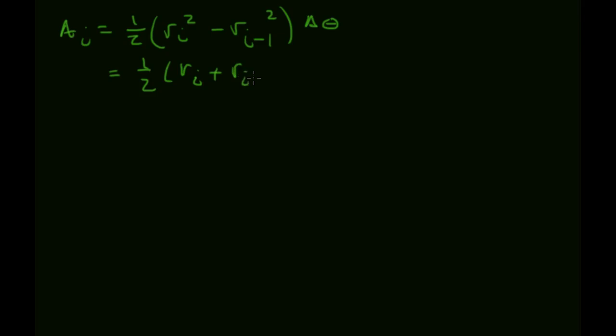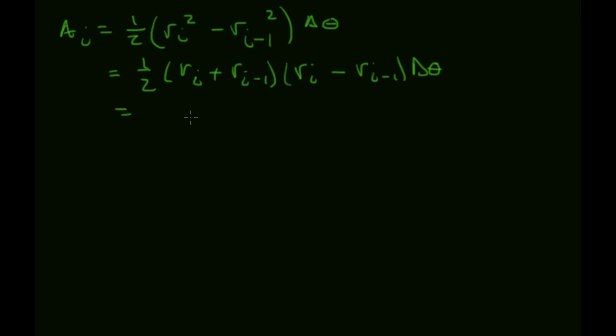If I'm working with the A_i specifically, the R2 in that case is r_i squared, because that's the outer circle, minus r_{i-1} squared, the inner circle, times delta theta. So we get 1/2, and since this is a difference of perfect squares, that's (r_i + r_{i-1})(r_i - r_{i-1}) delta theta.